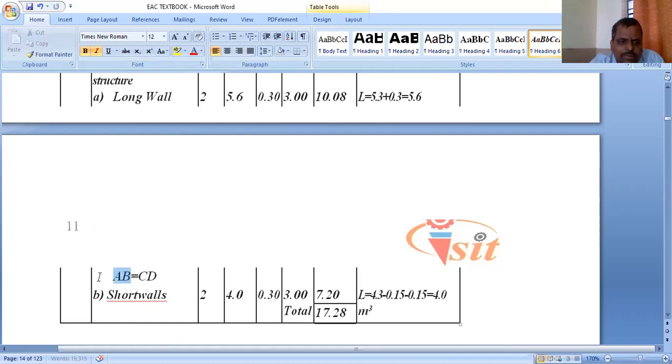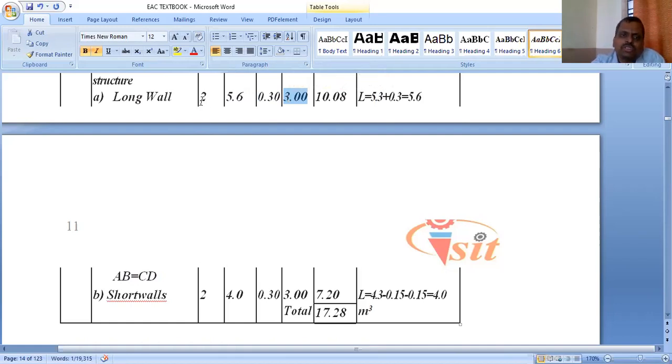Now in the column of number, what do you write? This is the wall AB and this is the wall CD. These are two walls, so just add AB plus CD, right here 2. The length of the long wall we have calculated comes to be 5.6 meter. The width is 0.3 meter, and the height of the wall is 3 meter as shown in the section.